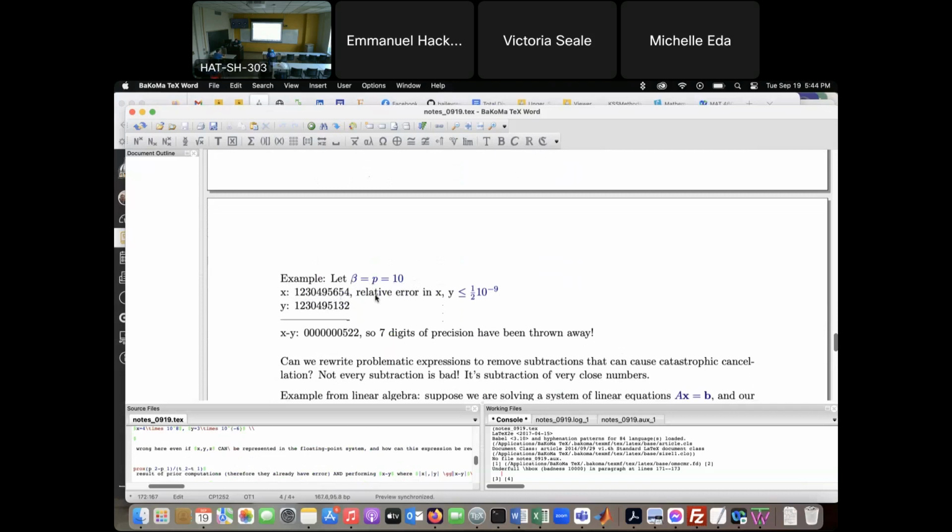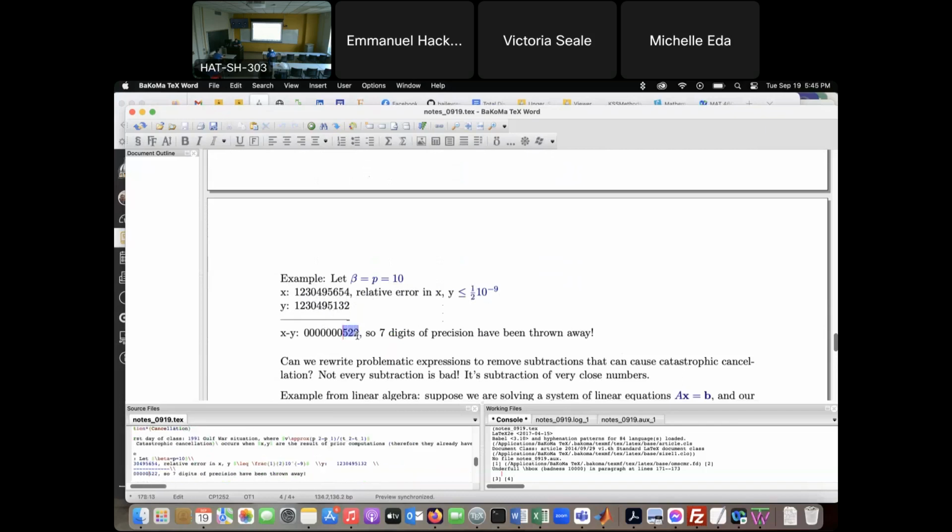Because we have 10 digits of precision, the relative error in x and y as inputs is 1/2 times 10 to the minus 9. That's what you get from the limits of your precision. But then I subtract them. I have these leading zeros because of all the cancellation, and then I have these 3 digits.